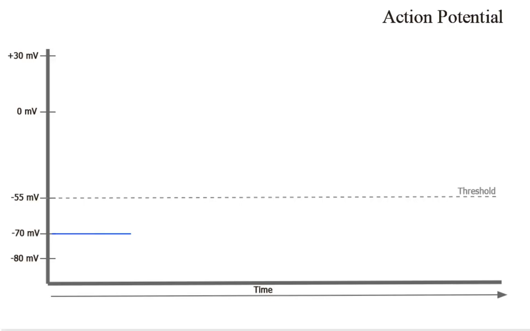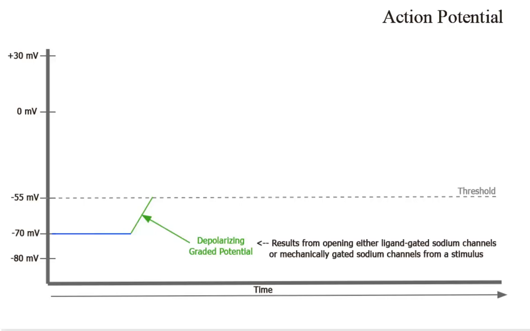More specifically, a graded depolarizing potential. So we need to open up either some ligand-gated sodium channels or some mechanically gated sodium channels. This will allow enough sodium to come into the neuron to raise the membrane potential up to threshold.